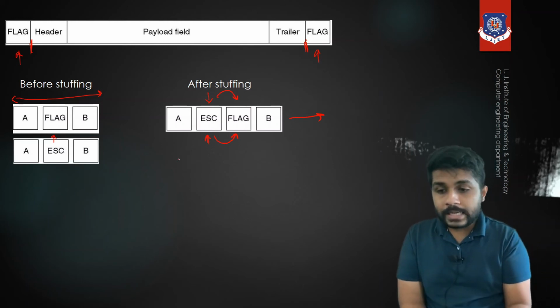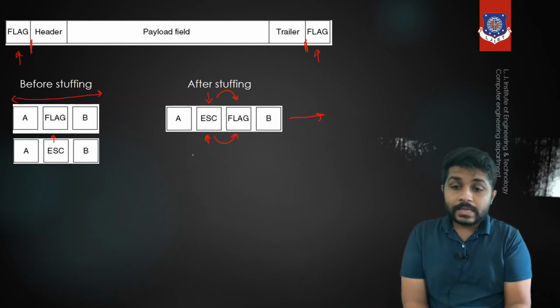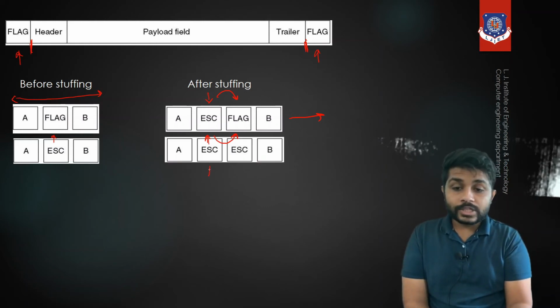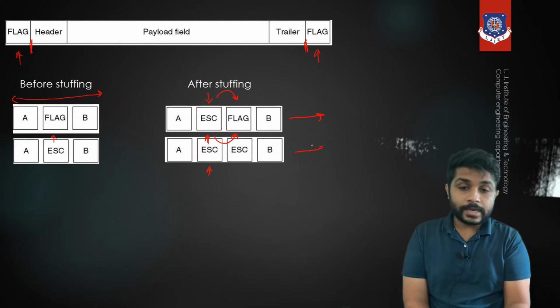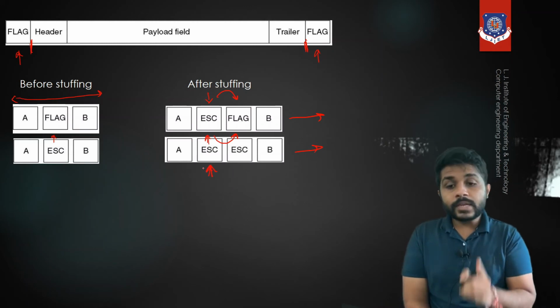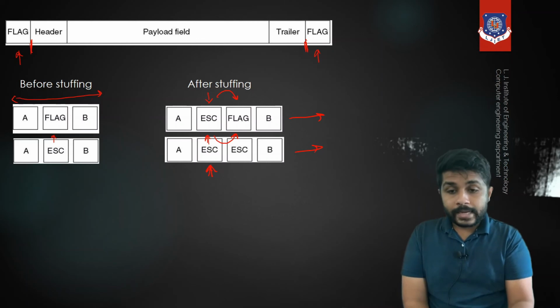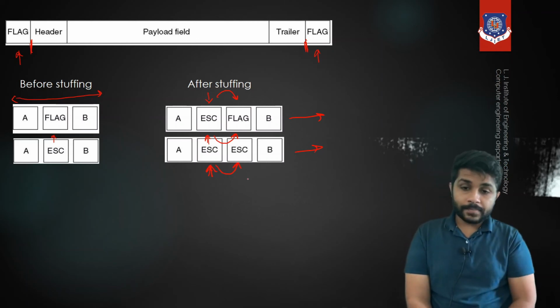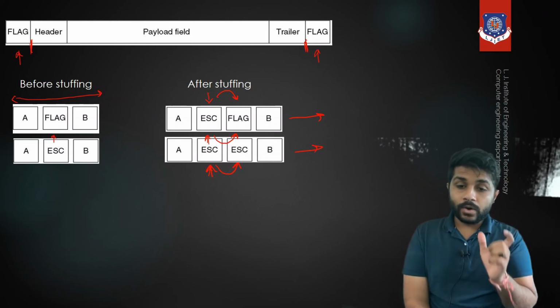So before sending this frame, the sender will add one more extra escape character and send it to the receiver. Now when the receiver receives the frame and encounters the first escape character, it will remove that escape character and keep the data after it as a part of the frame.